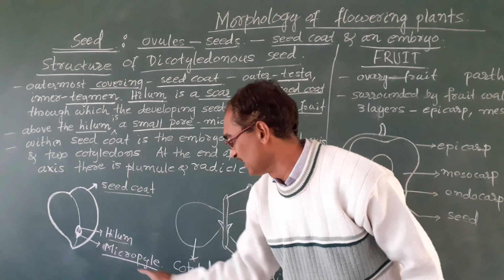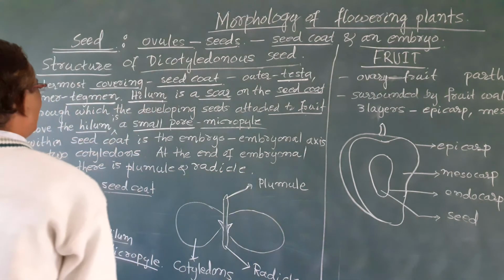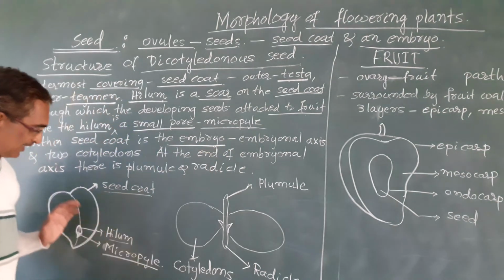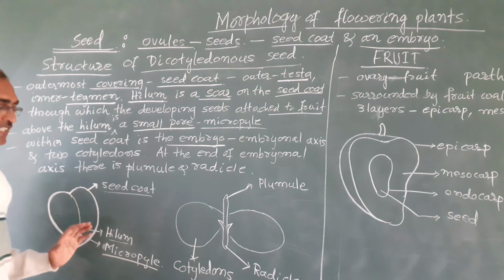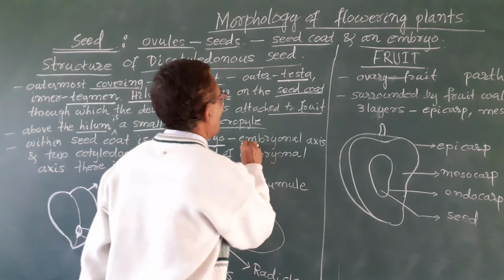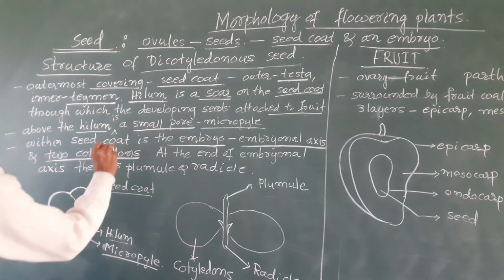You see, this is the micropyle, and within the seed coat there is the embryo. Inside this seed coat there is an embryo, and this embryo has an embryonal axis and two cotyledons.